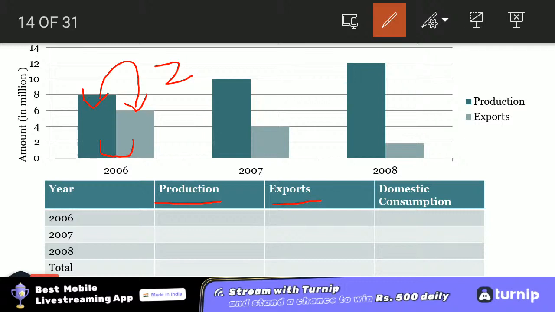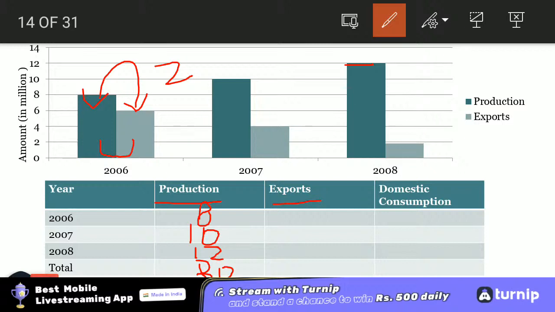Further, if I talk about 2007, what was the production in 2007? It is, yes, 10 million. And if I talk about the production in 2008, it further increased to what? 12 million. So total production was 30 million. If I add them all, I get 30 million.